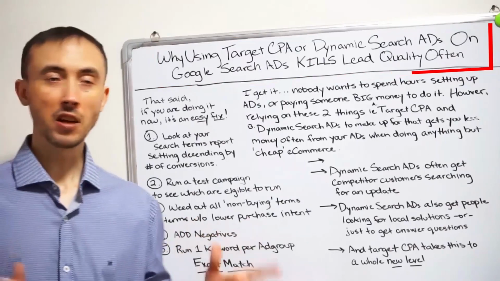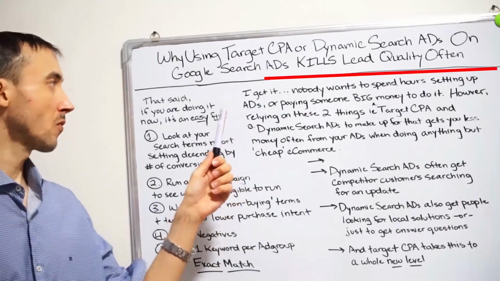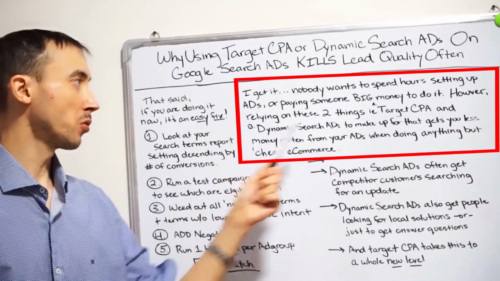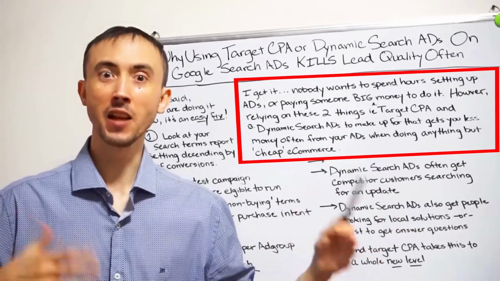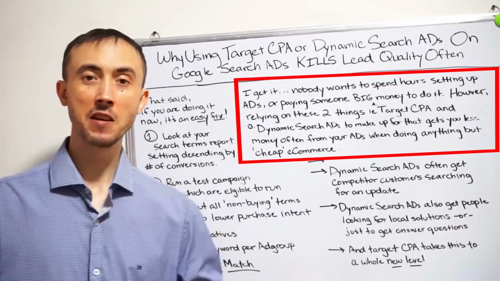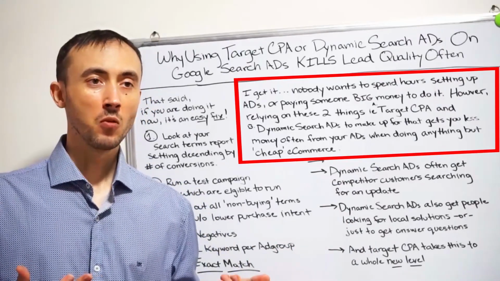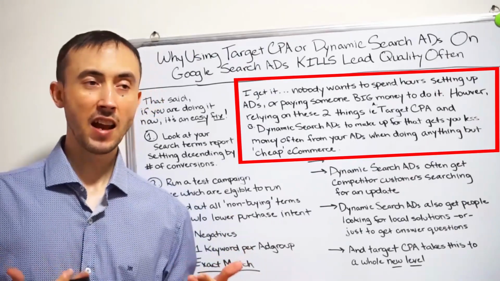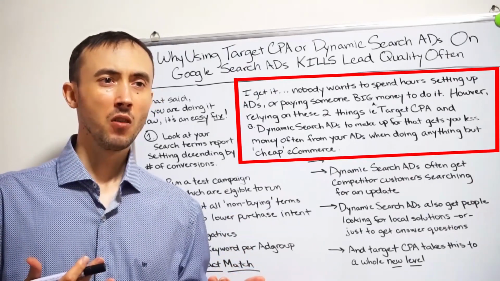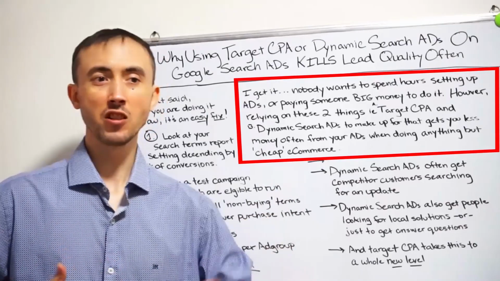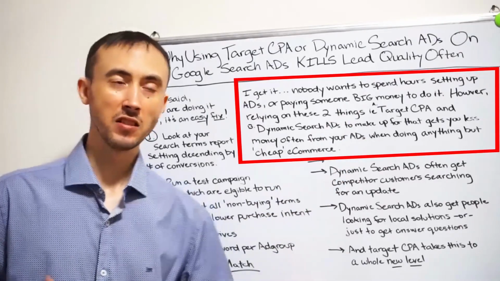So that all said, I'll go ahead and get started. I get it, nobody wants to spend hours setting up ads or paying someone big money to do it, like a firm like we have here. I get the prevailing sentiment that when you hire somebody to manage your ad account, people think, why should I give some of my money to them? I do all the hard work and they're just sitting around.